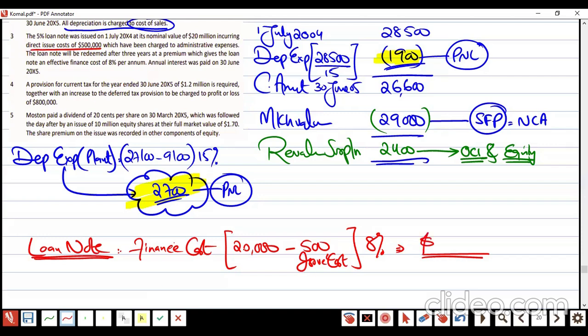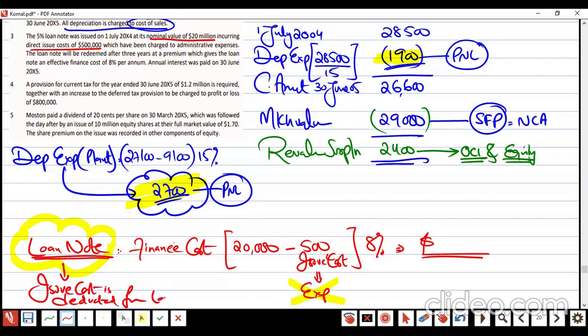You must deduct it from your loan. Issue cost is not an expense. It's a reduction in the loan note. It is going to be deducted from your loan note.